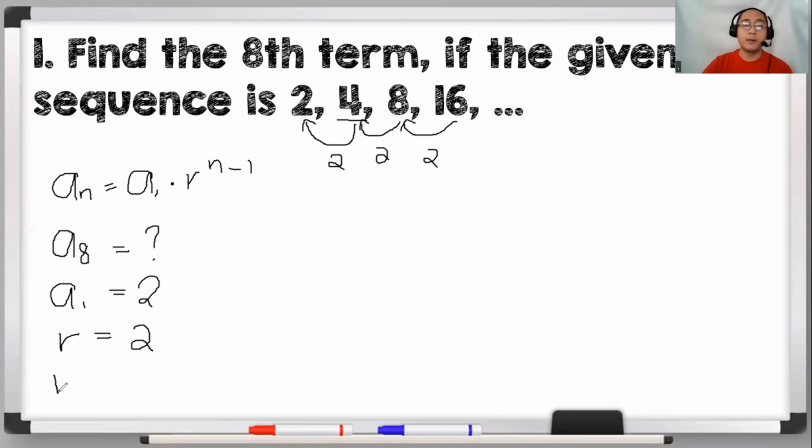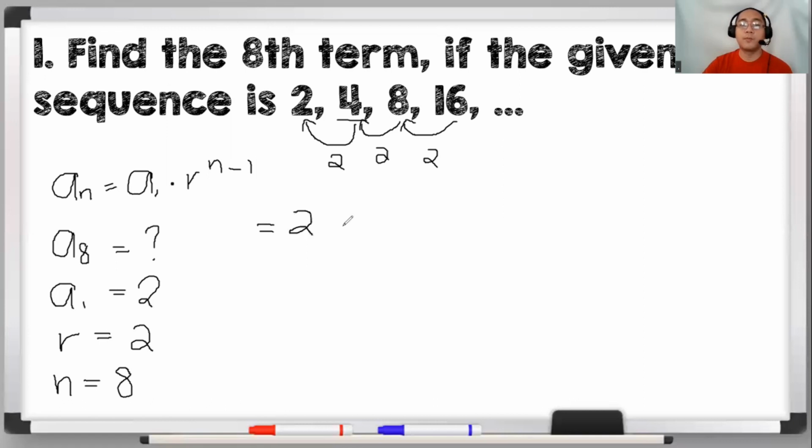Then our n, take note n can be identified in a problem. For example, we are looking for the eighth term, so therefore our n there is 8. Then substitute all those given items.